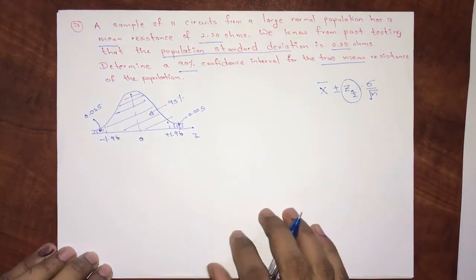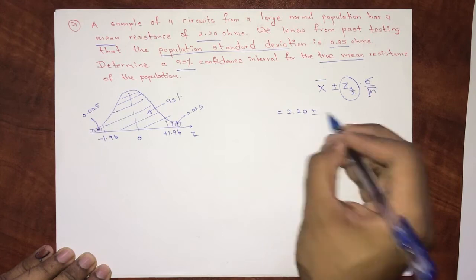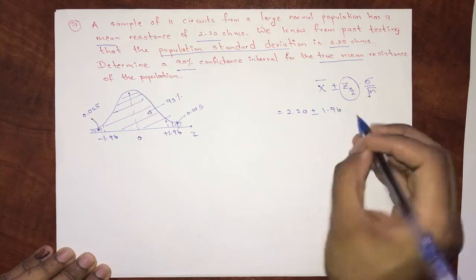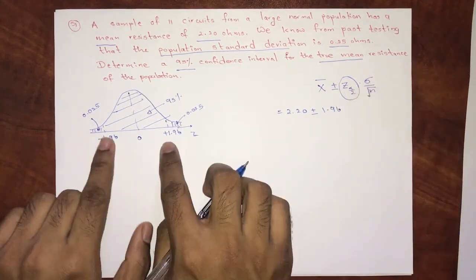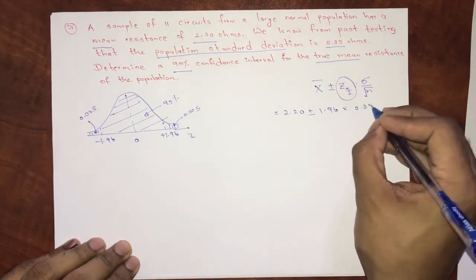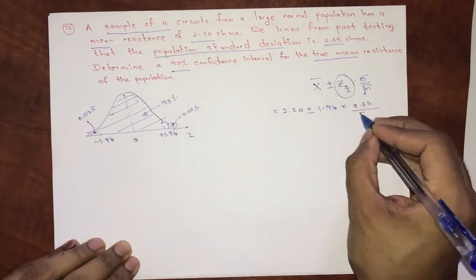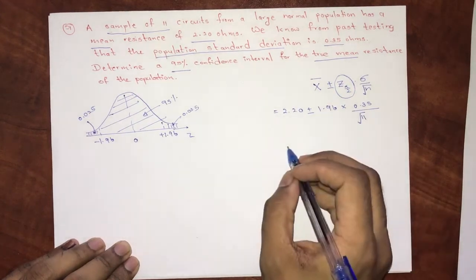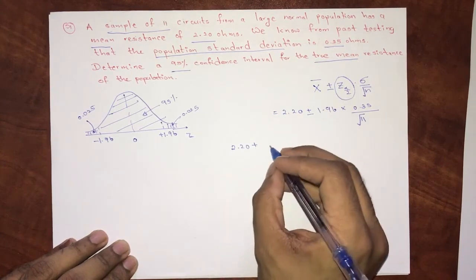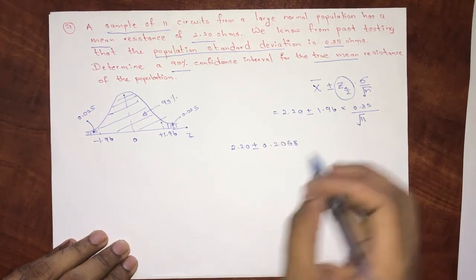So simply just substitute the numbers. We know what x bar is. X bar is 2.20 plus or minus Z alpha over 2, which is 1.96, right? That's why you have the plus or minus here because of this. Times sigma is given, population standard deviation 0.35, divided by, you are told that a sample of 11 circuits, divided by the square root of 11. Now if you were to solve this, what you would get is 2.20 plus or minus 0.2068, right?